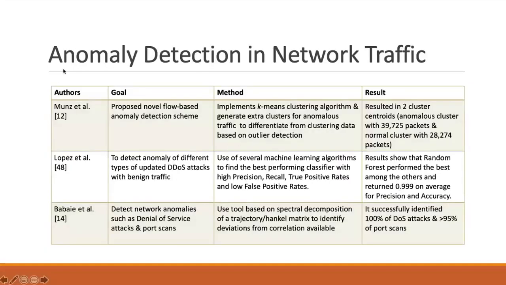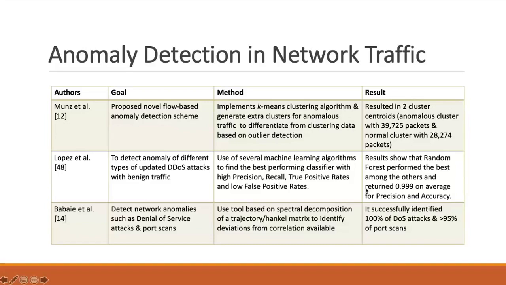Next, we'll go to anomaly detection. Here are some literatures for anomaly detection. The first paper uses k-means clustering algorithms to find clusters of anomalies and normal traffic. The second paper, done by Lopez et al., detected anomaly of different types of updated DDoS attacks among benign traffic.